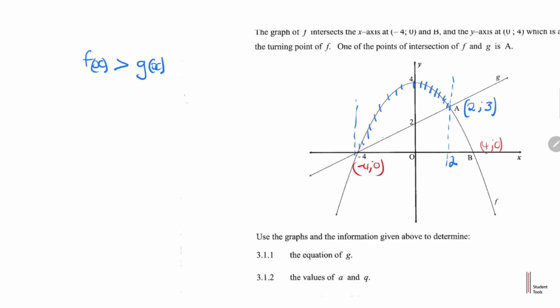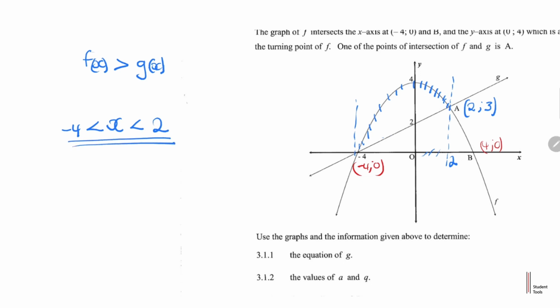To determine this area where f of x is greater than g, the straight line, we say this area is when x is greater than negative 4 but less than positive 2. And that is how we determine the values of x where f of x is greater than g of x.